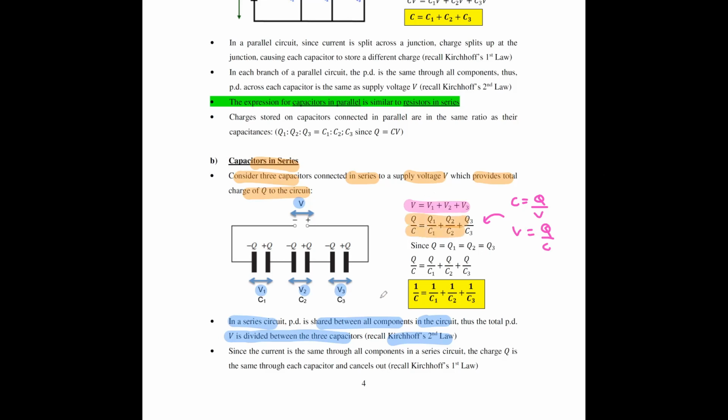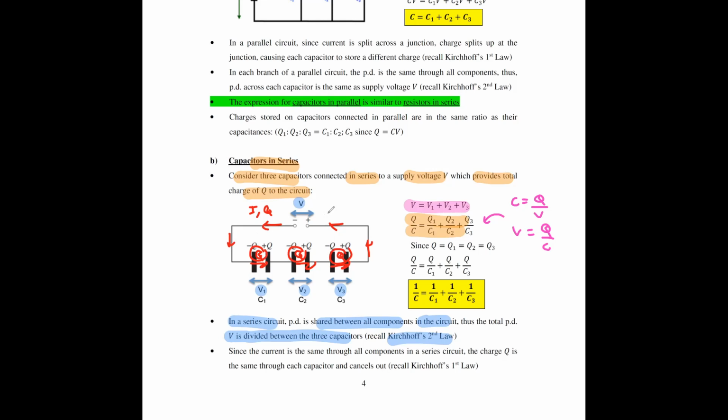Okay. And then next thing to note is what happens to your charge. In your case, because this is connected in series, whatever current or whatever charge that comes out of your supply, it will be the same charge through your capacitor.